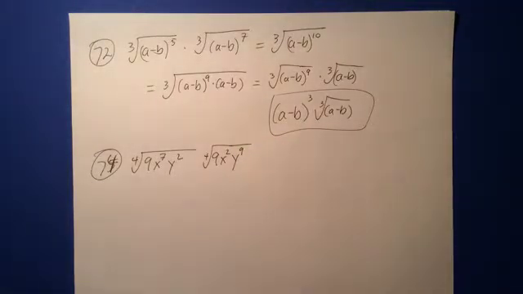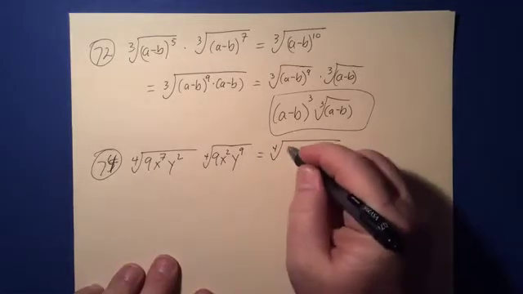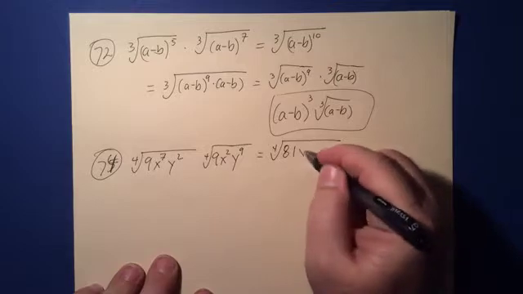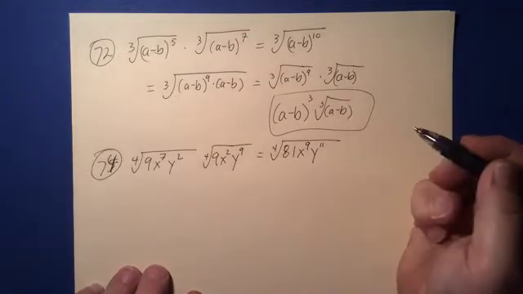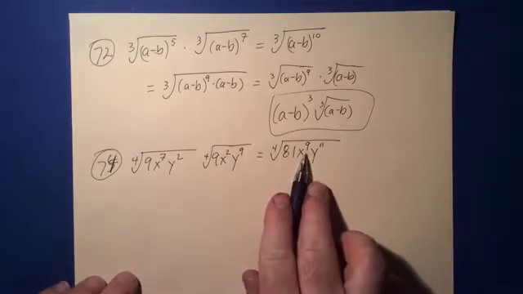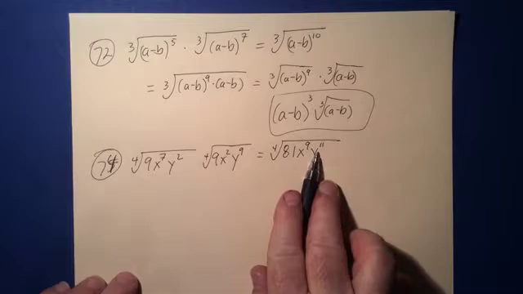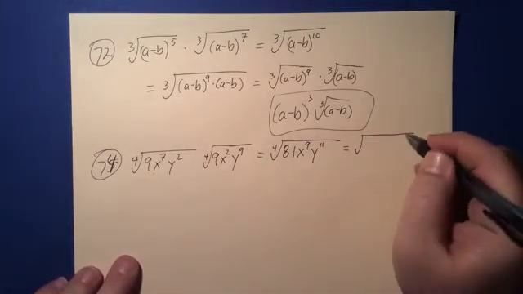We're going to go ahead and multiply everything together here under the fourth root. This will be 81. This will be x to the 9th. This will be y to the 11th. And again, I'm going to try to write this with exponents that are as large as possible and divisible by 4.